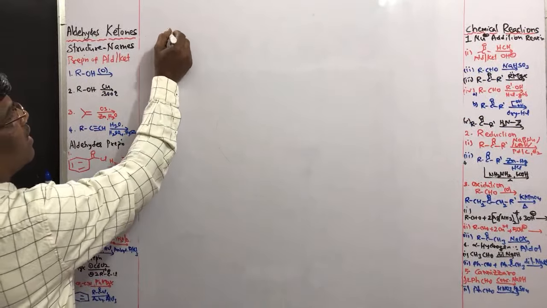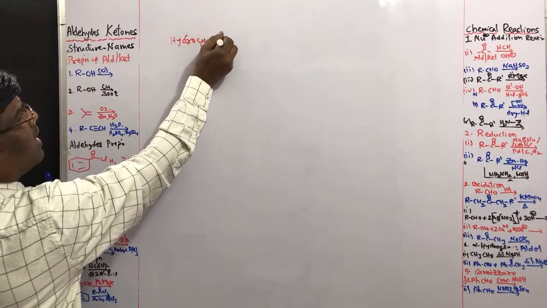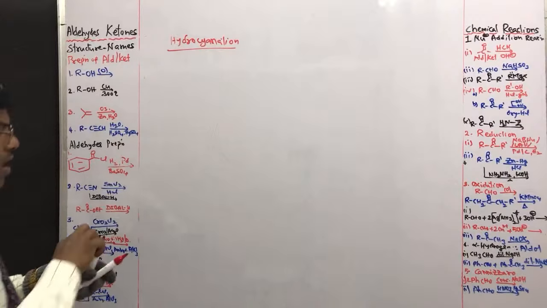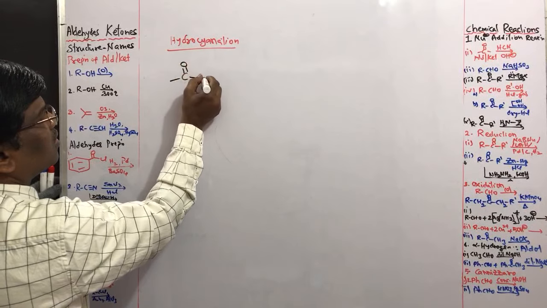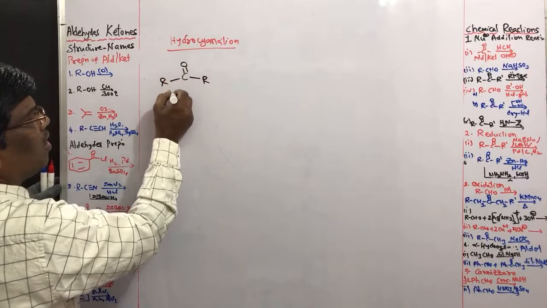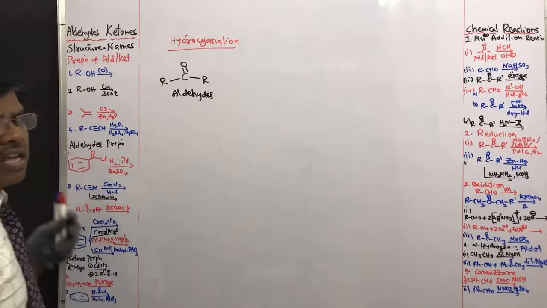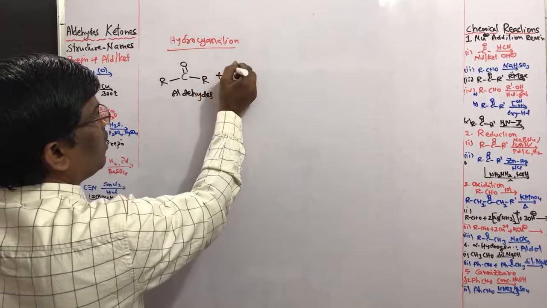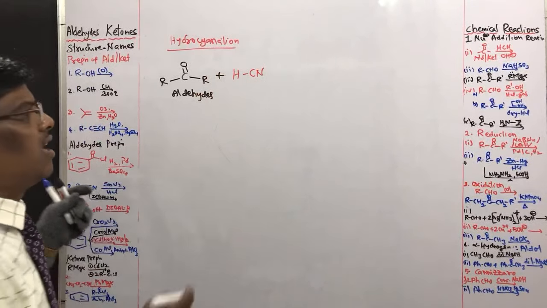Hydrocyanation, let me take. It can be an aldehyde or ketone. Aldehydes or ketones undergo hydrocyanation upon treating with hydrogen cyanide. This is a highly poisonous gas, hydrogen cyanide.